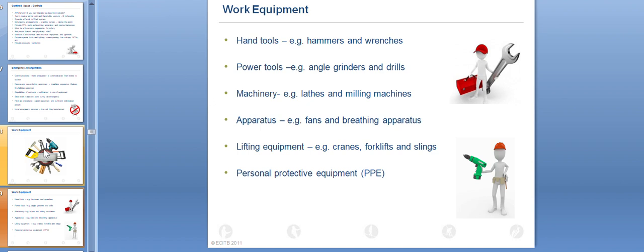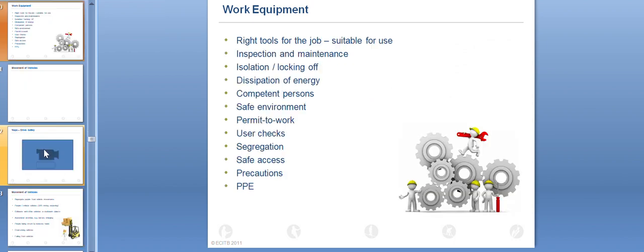Hand tools such as hammers and wrenches, power tools such as angle grinders and drills, machinery such as lathes and milling machines, fans and blowers, lifting equipment such as cranes, forklifts and slings, and personal protective equipment, PPE. These are mandatory things which we have to use in our construction work. First we have to take care that they are appropriate according to the activity.